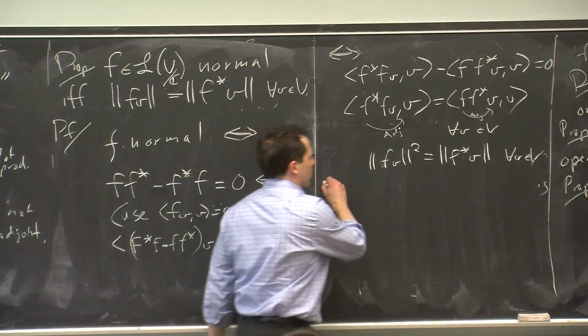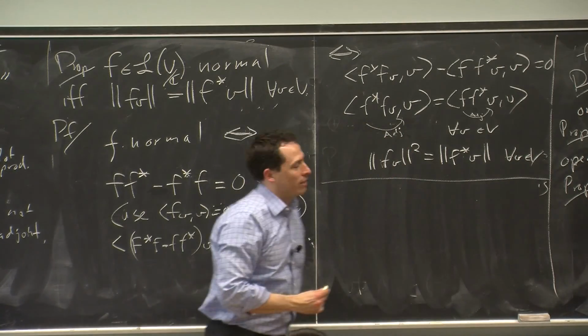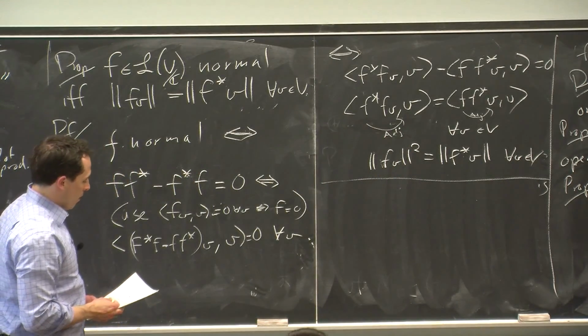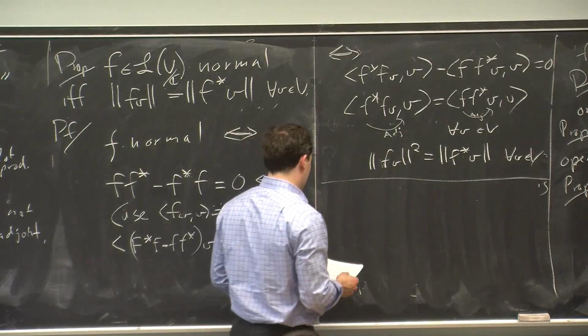Okay, so the next couple of statements are about the eigenvalues and eigenvectors of self-adjoint and normal operators.